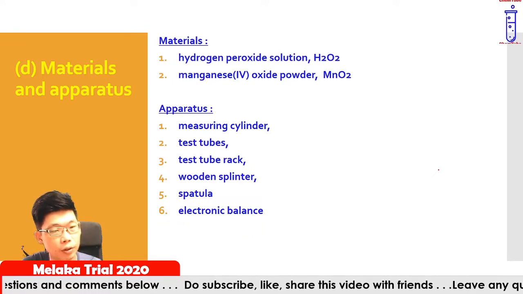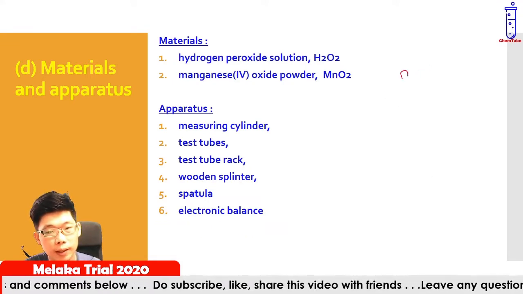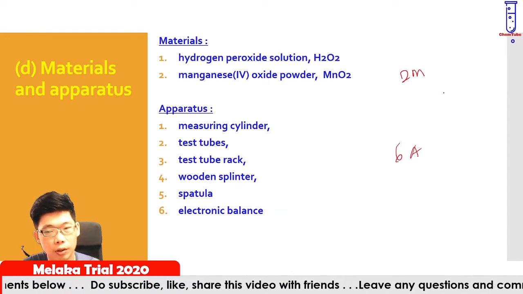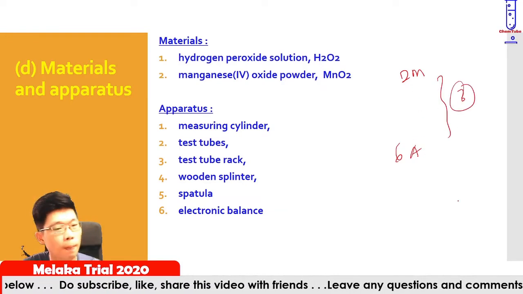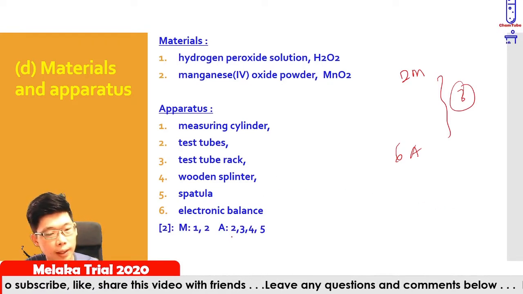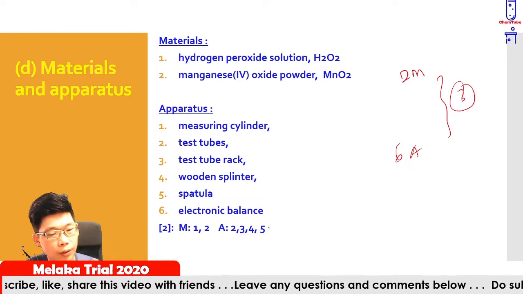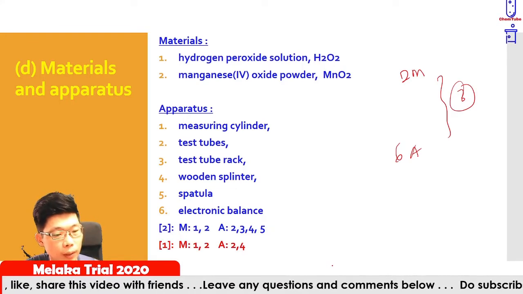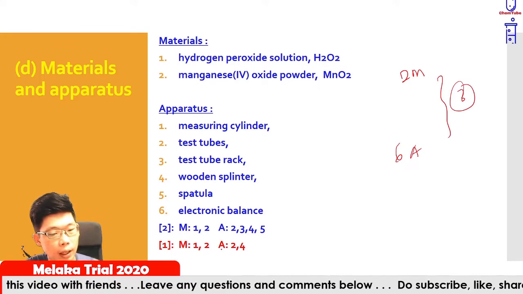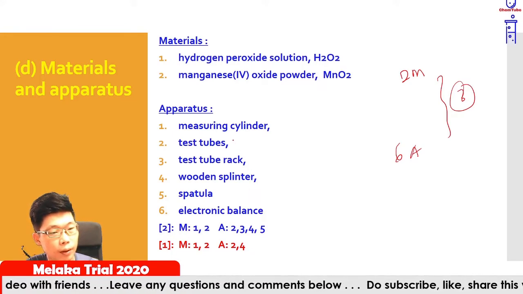So for score 3 you need 2 materials and 6 apparatus. For score 2, materials 1 and 2, then apparatus 2, 3, 4 and 5. Score 1: materials 1 and 2, and then apparatus 2 and 4.